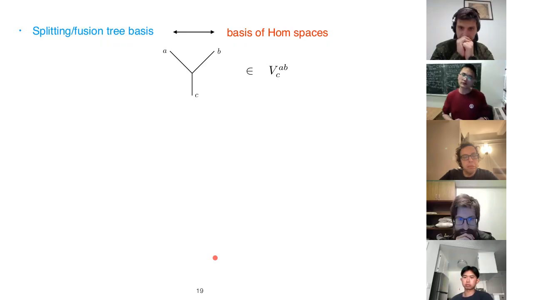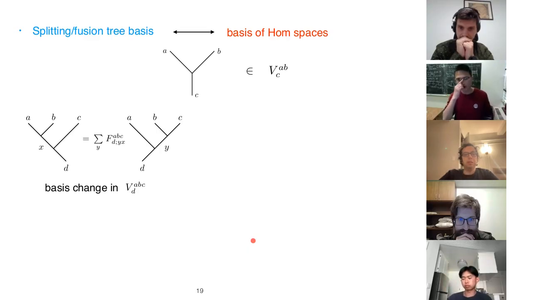In particular, if we consider two anyons A and B with total type C, the hom space, or the state space, is one-dimensional, and we choose a basis in this space and represent it by such a graph here at the top. You can think of this graph as a physical process of splitting the anyon C into two anyons, A and B. This is called a splitting tree basis or a fusion tree basis.